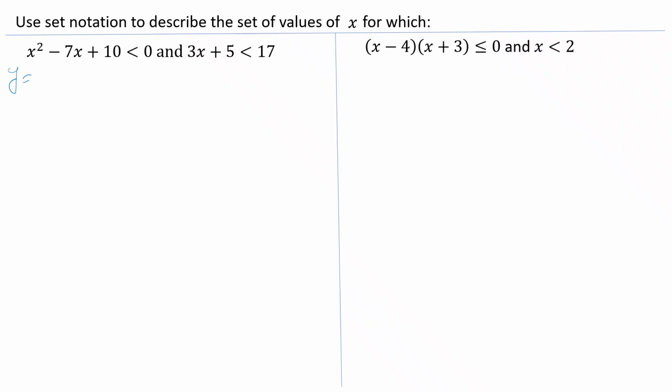y equals x squared minus 7x plus 10 equals 0. So I'm going to factorize. Two numbers that multiply to 10 and add to negative 7: negative 5 and negative 2.